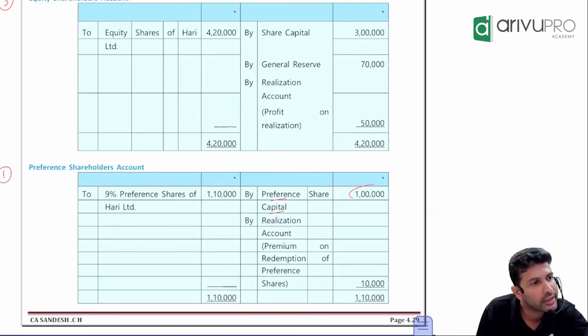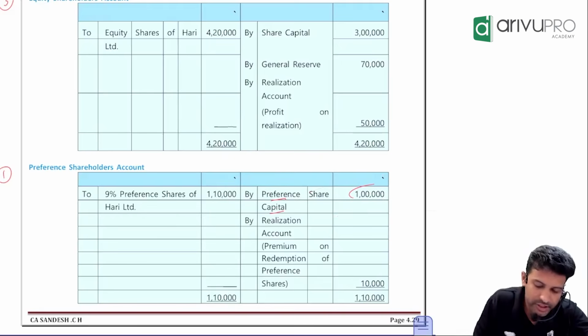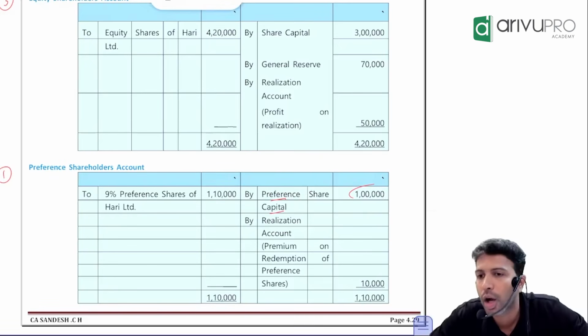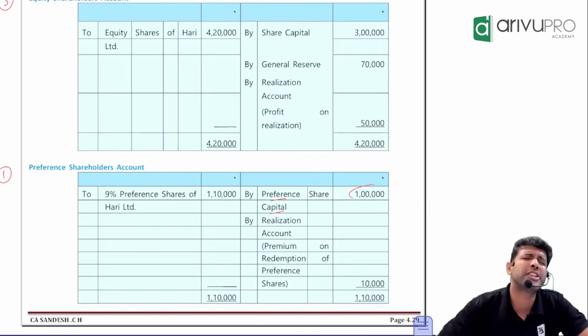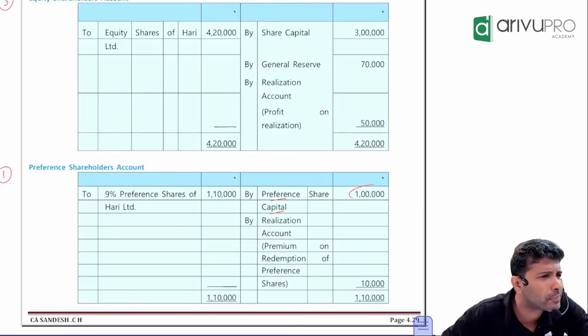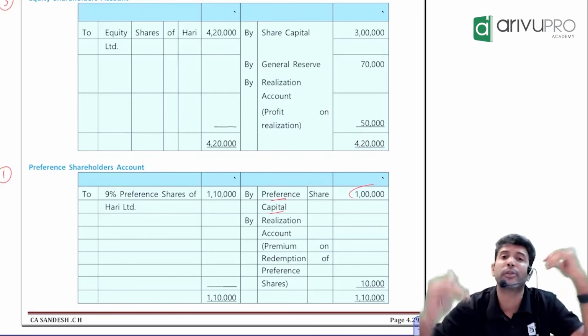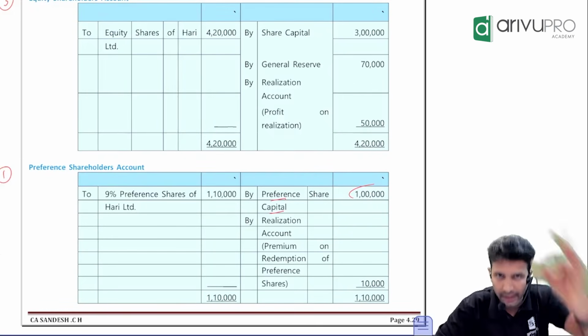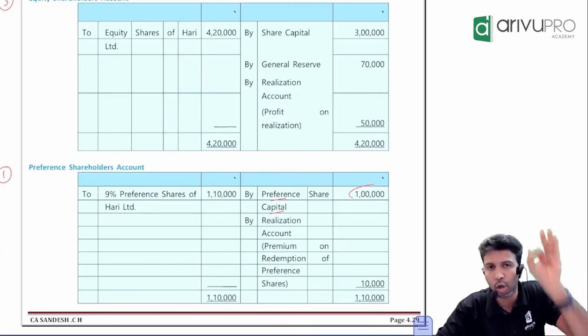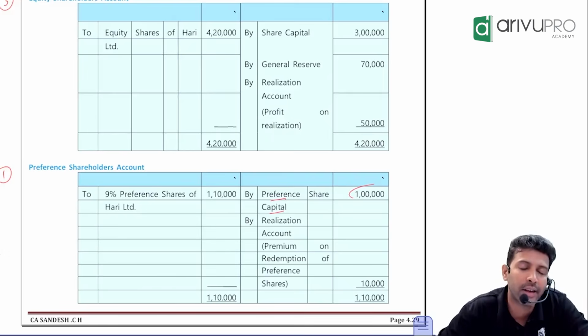Correct? With this, the preference share capital ledger is officially closed. Done. What did the preference shareholders get? Did they get cash? If we pay cash to preference shareholders, what is the entry?